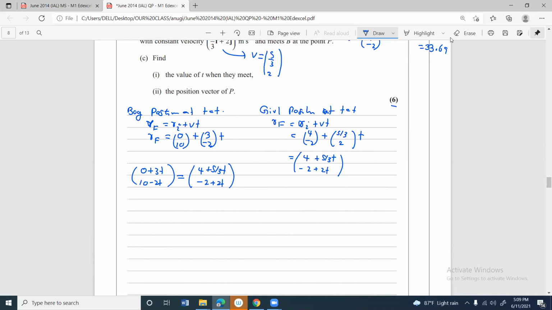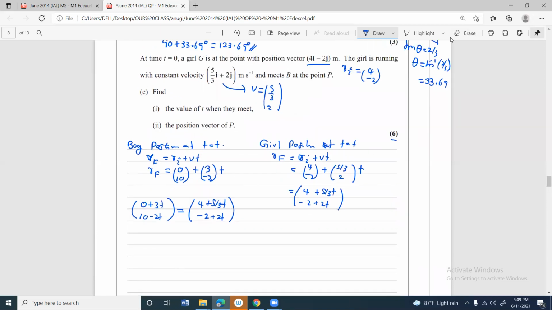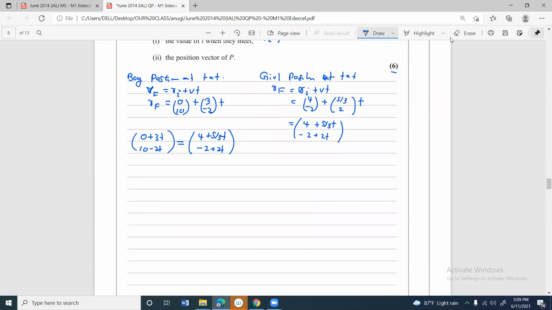That is the point where we find the value of t where they meet. They mention they meet, therefore there is no need to prove it. You can use the i component or the j component, it's fine. 3t equals 4 plus 5 over 3 t. If you simplify this, 3t minus 5 over 3 t equals 4. With this, t equals 4 divided by 3 minus 5 over 3.